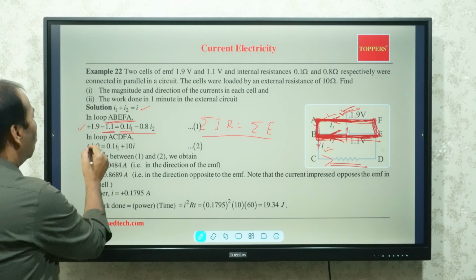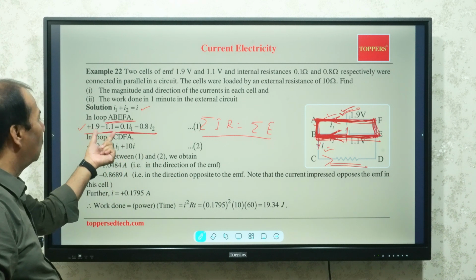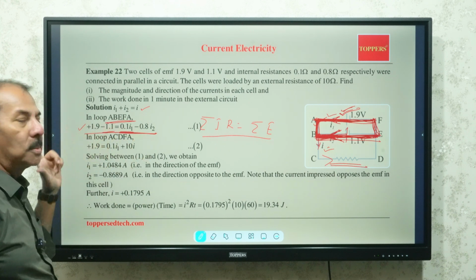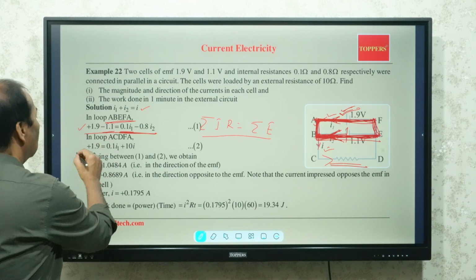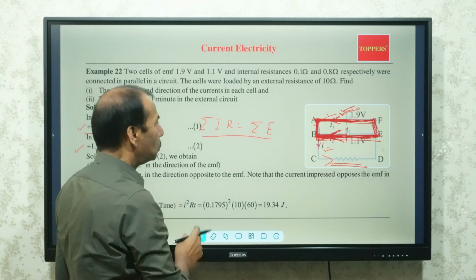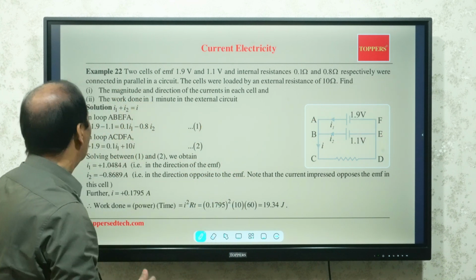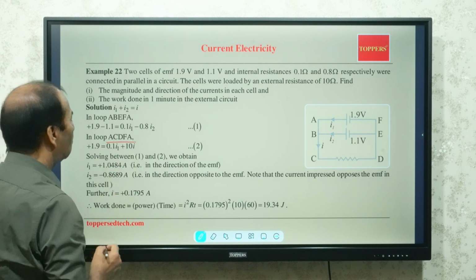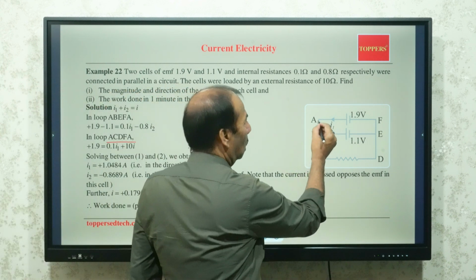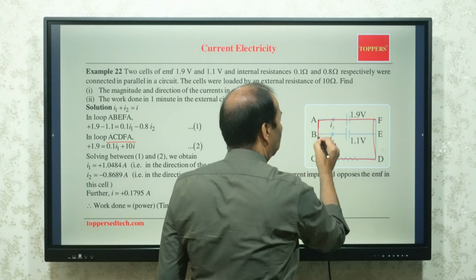This is clear. Now simplifying this, summation of IR is equal to summation of EMF. Similarly, consider the second loop. The second loop is ACDFA, the bigger one.